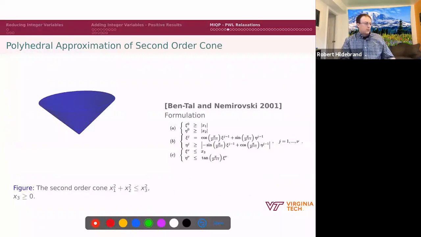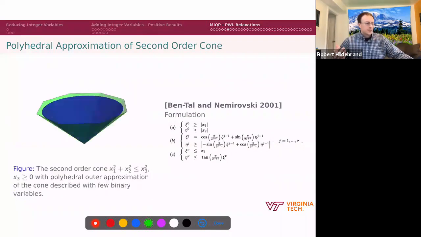Okay, so just to show you where this comes from, because I think it's really cute. If you look at this formulation by Ben-Tal and Nemirovski, they talked about how you can take the second order cone and then approximate it with a polyhedral cone. And they said, well, let's use some continuous variables. I'm going to have some sequence of continuous variables that then relate to the prior continuous variable in the sequence.